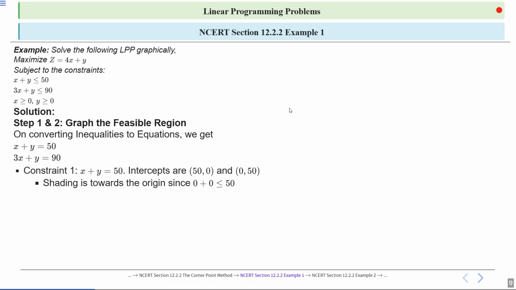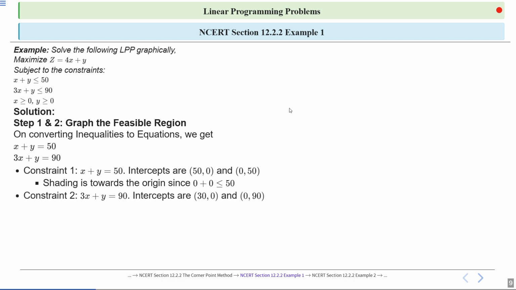Shading is towards the origin since 0 plus 0 is less than or equal to 50. So it satisfies the given inequality, x plus y less than or equal to 50, by putting x equals 0 and y equals 0. That is why the shading is towards the origin.